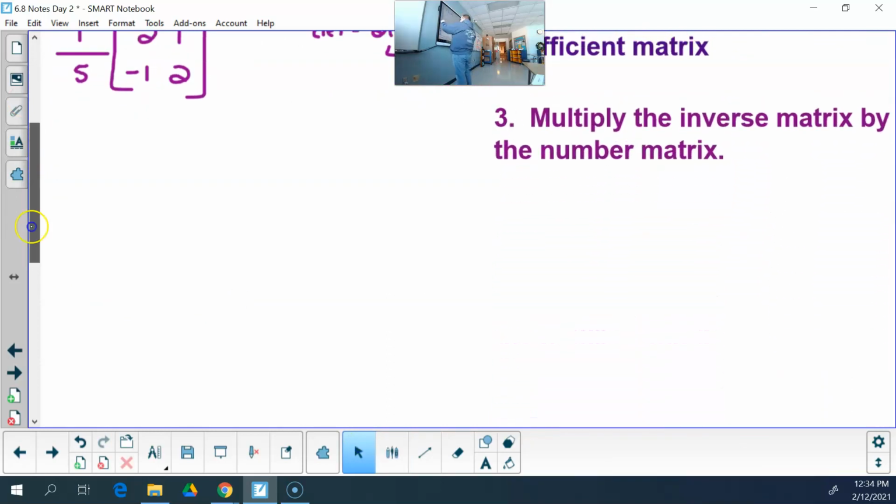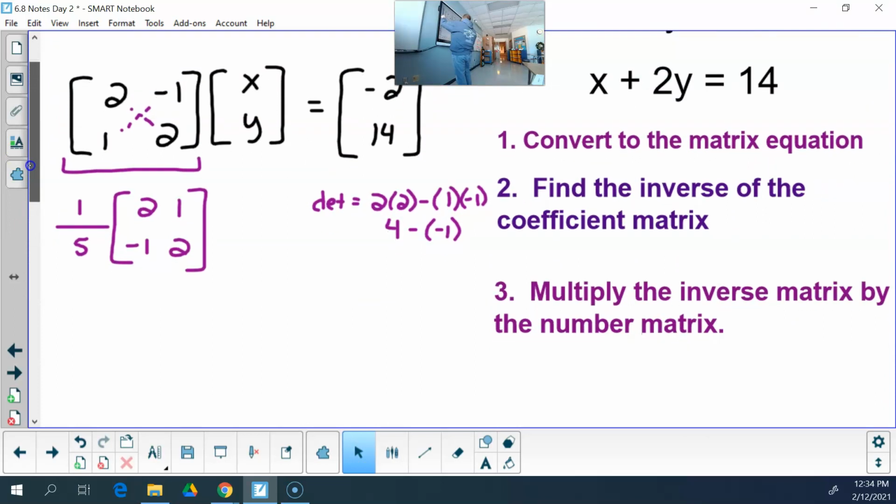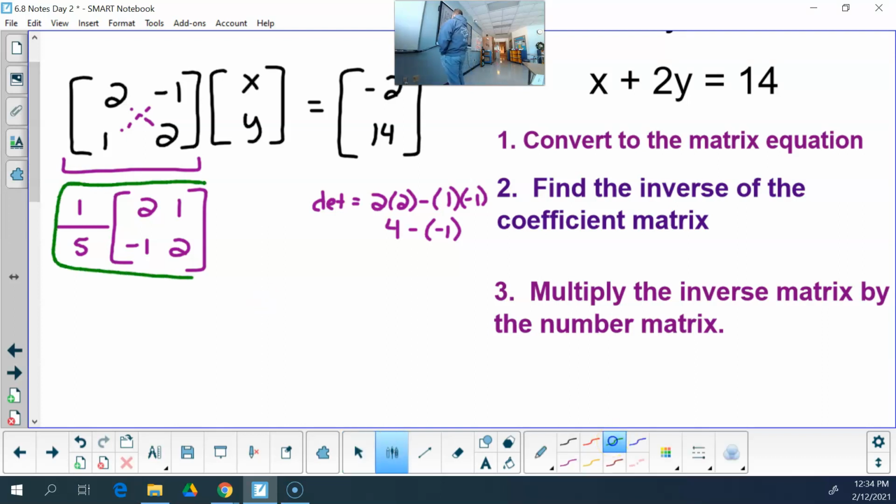Okay? So then the next thing that we're going to have to do is multiply the inverse matrix by the number matrix. Because we're multiplying on this side, we would multiply this matrix right here to clear it. So I'm going to have to multiply it on this side, because remember, order matters.